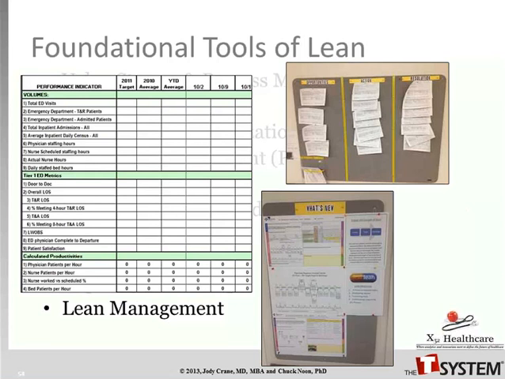This is from a Canadian site where they would take them out, approve them, and put them on this board, and if you put up an idea, you could see what stage of implementation your idea was in. So lean goes all the way down to the management level in terms of creating these visual references so that people know what's going on, and you can tell what's going on with your operations.